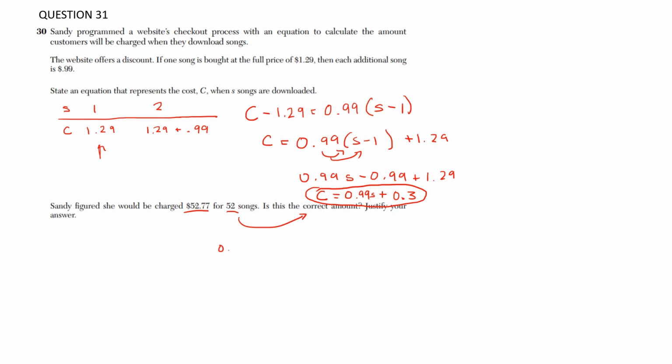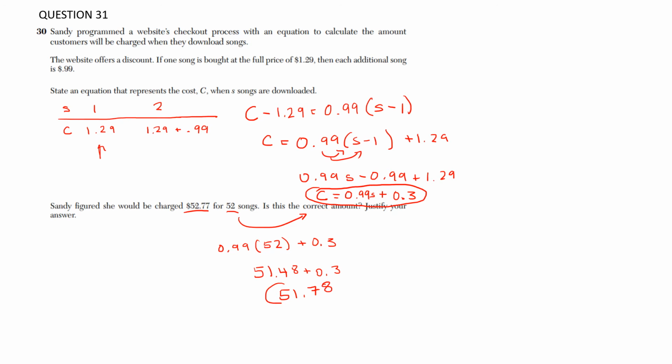So we can do 0.99 times s, in this case 52, plus 0.3. So let me do that out quickly. 0.99 times 52 is 51.48, plus 0.3. That gives us 51.78.